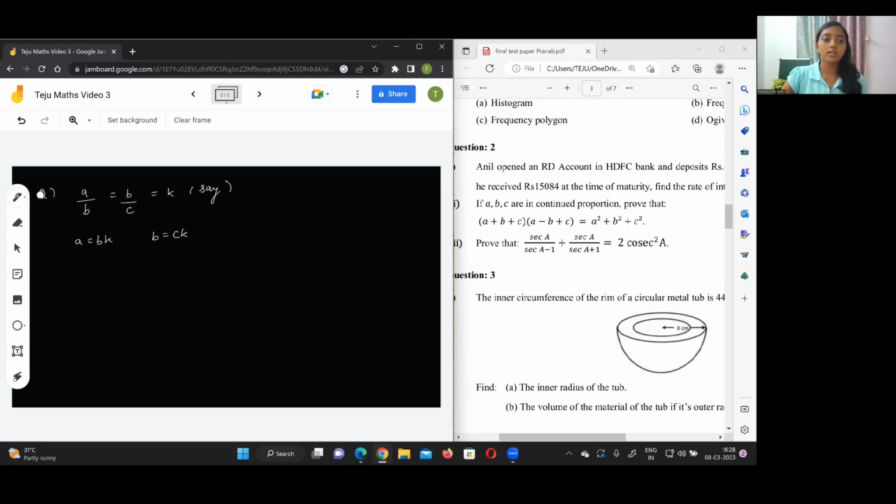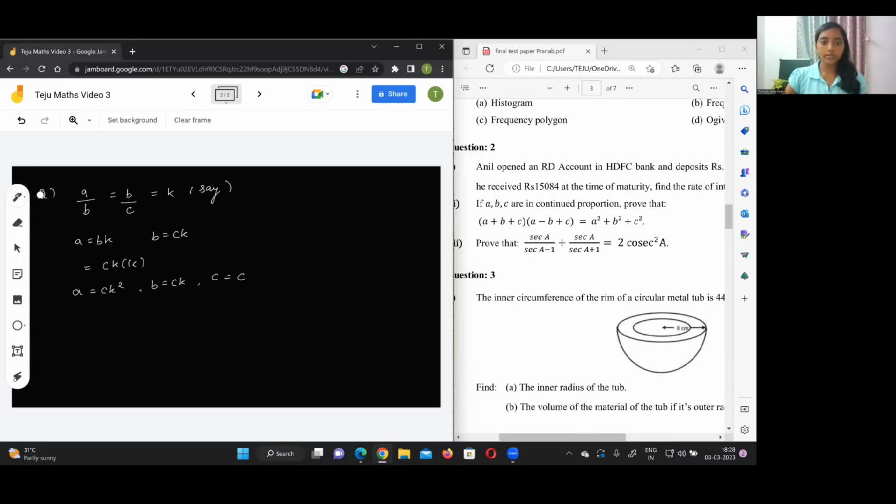Let us substitute CK here. So CK into K. So therefore, A will be equal to CK square and B will be equal to CK, and C is equal to C as is. Everything we are bringing in terms of C, right?